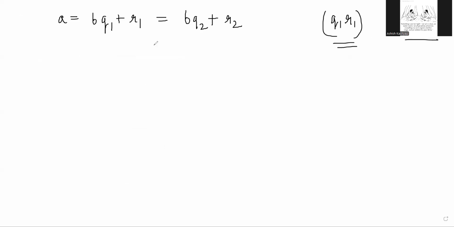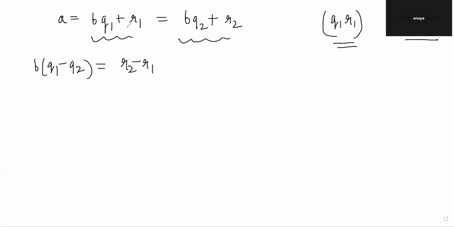So we can prove it like this. We are trying to prove by contradiction. So if this is actually true, then we will be able to write b times (q1 minus q2) is equal to r2 minus r1, right?